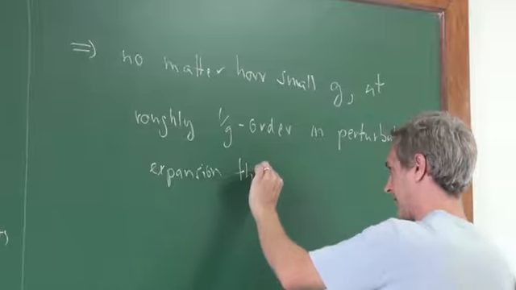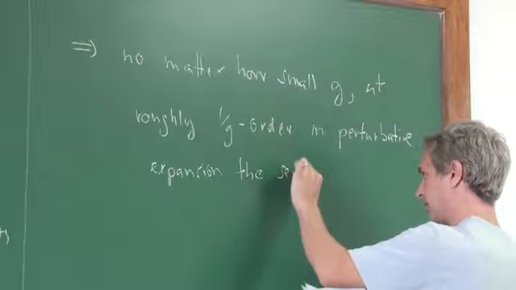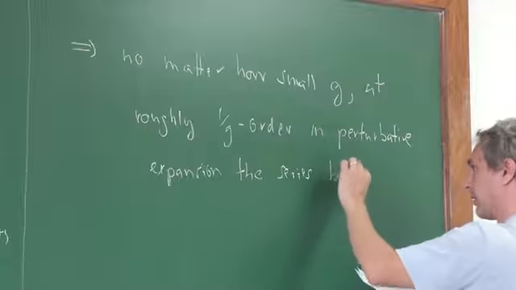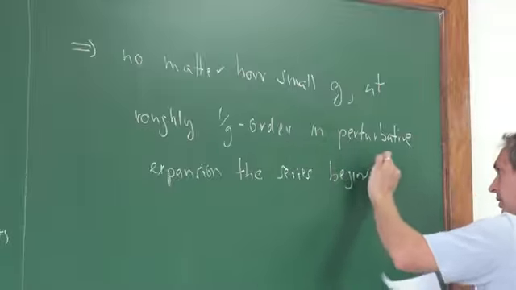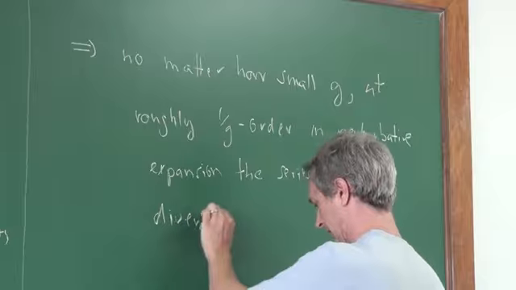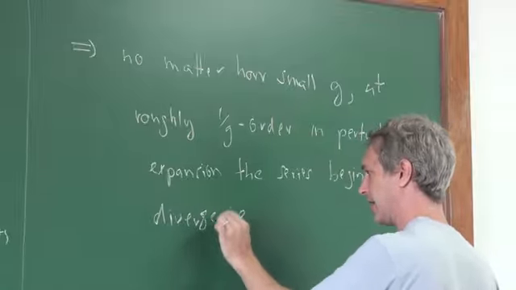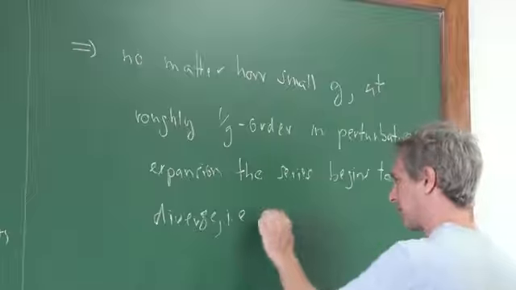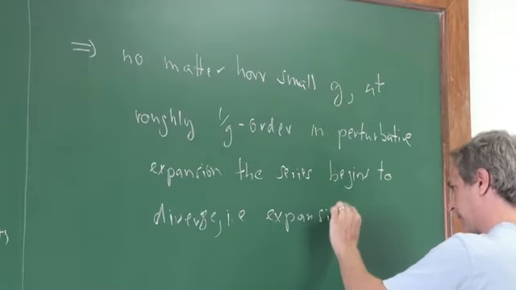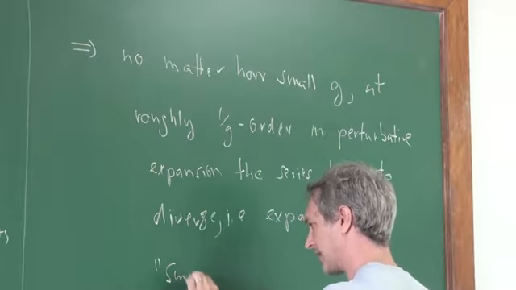So at some order, the series just begins to diverge, and we are left with very bad news, that the kind of idea that we had in the beginning, that there is some expansion in the small parameter, just does not exist.